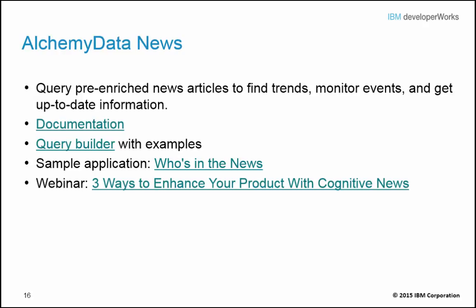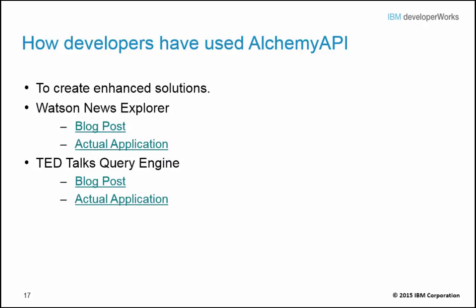The link to webinar series shared here is very informative, and I would encourage you to watch it. Developers have created smart applications like the Watson News Explorer and TED Talks query engine using Alchemy API.